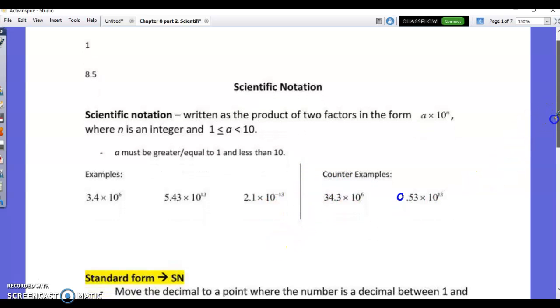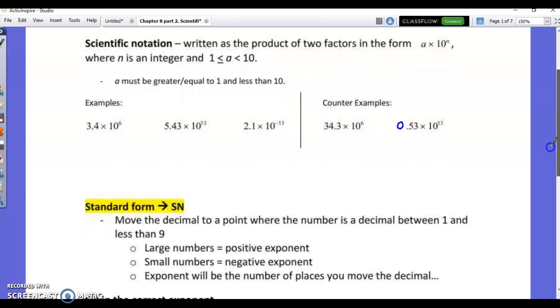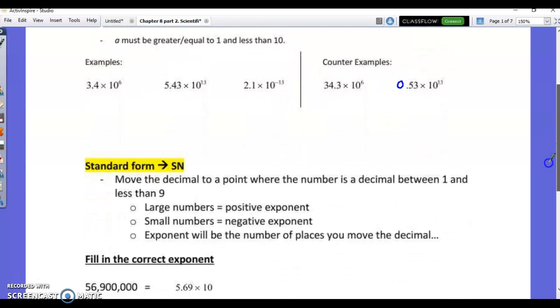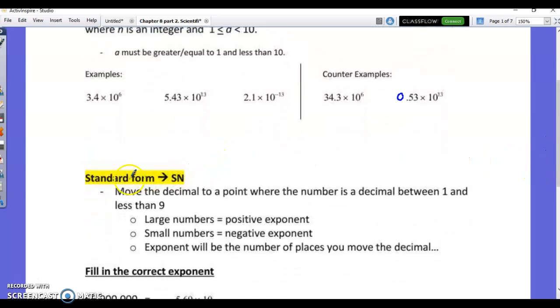All right, so let's talk about the difference between standard form and scientific notation. So standard form I'm going to abbreviate as SF, and SN stands for scientific notation. If we are dealing with a big number and we want to go to scientific notation, we move the decimal point where the number is between 1 and 9.